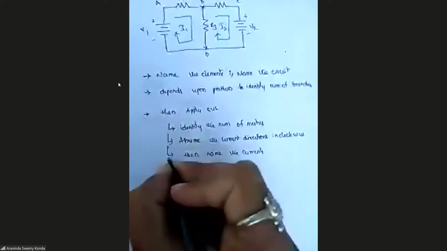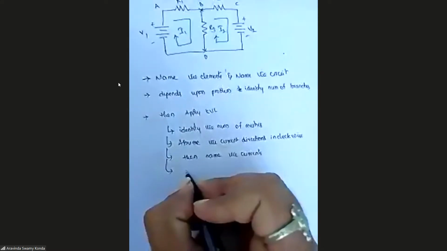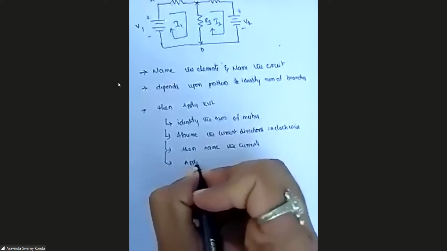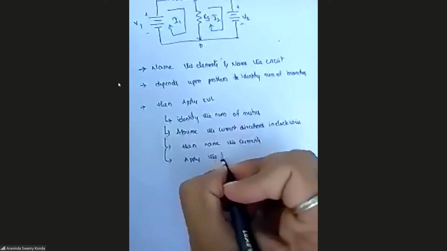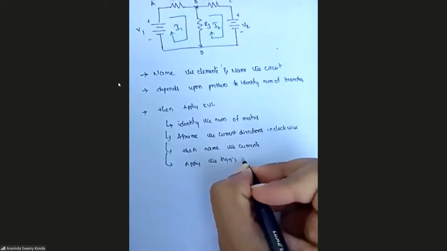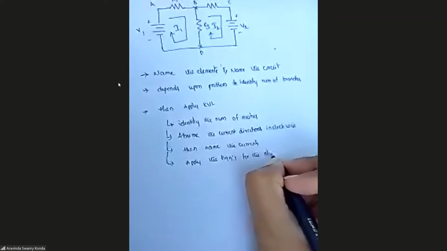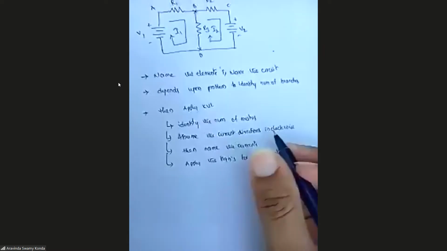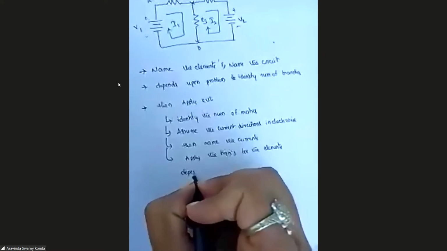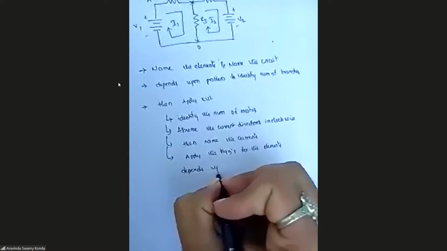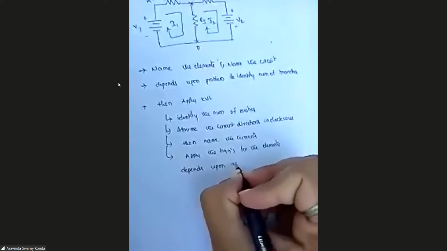And then what do you want to do? Then apply the signs for the elements. Signs for the elements depend upon the assumed current directions.